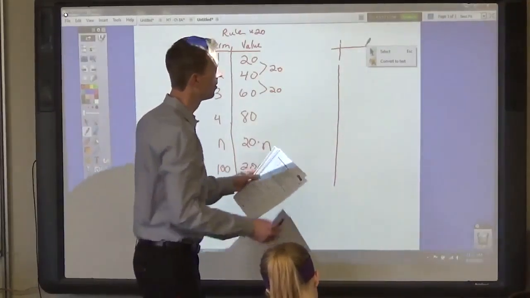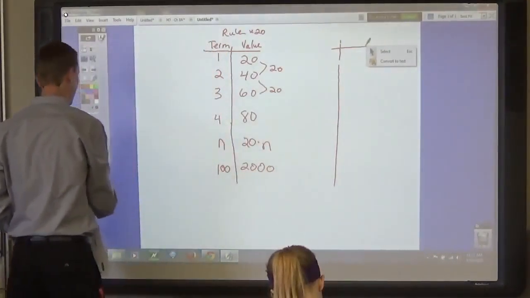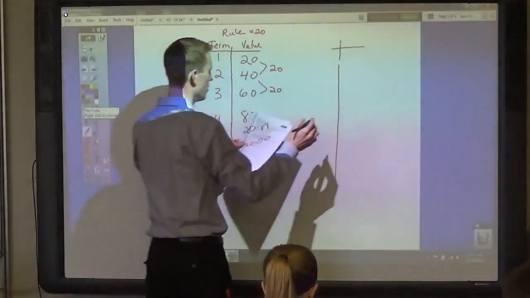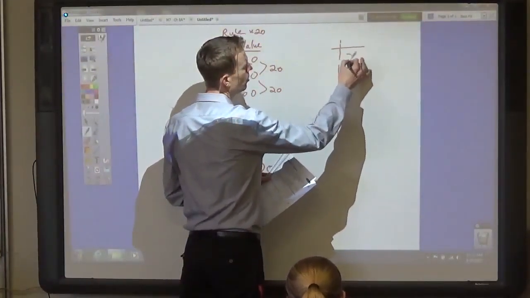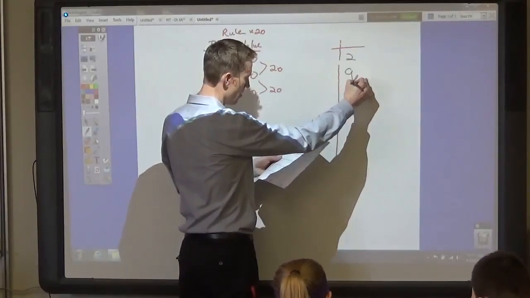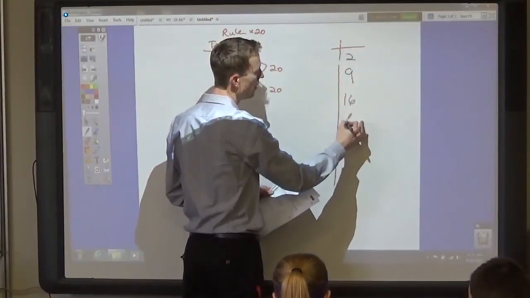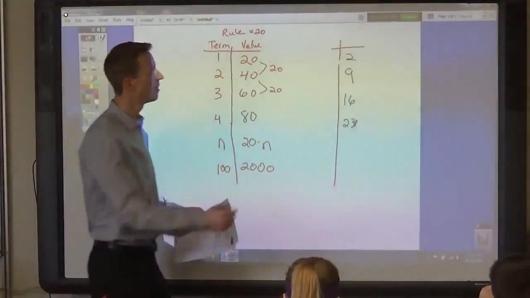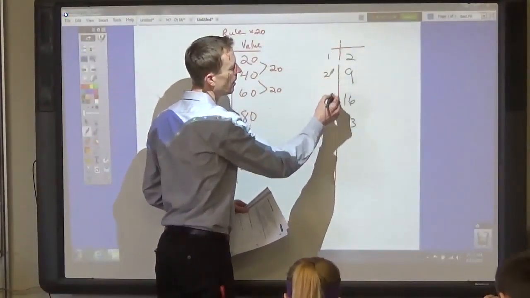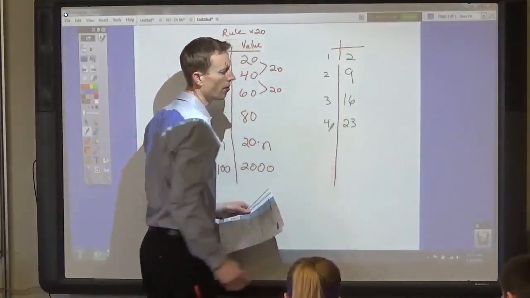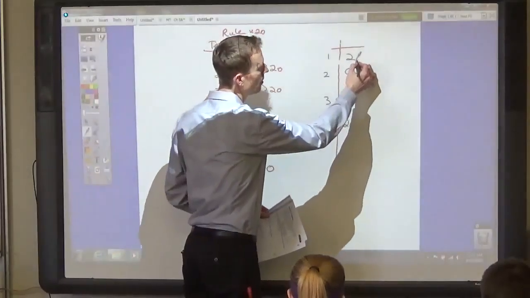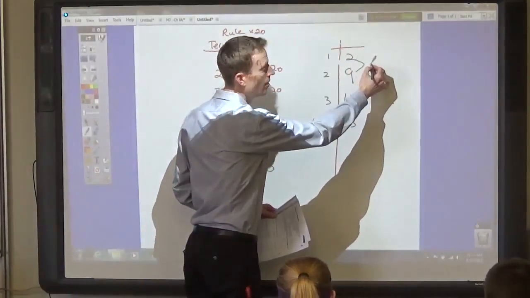Look at the first one. What if you wrote it down this way? 2, 9, 16, 23. Right? This was the first term, second term, third term, fourth term. So what's the common difference? 7.